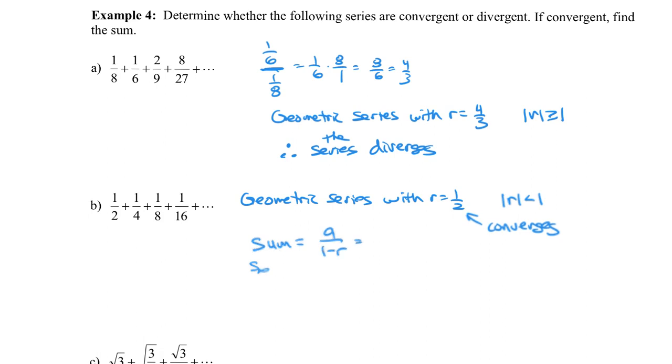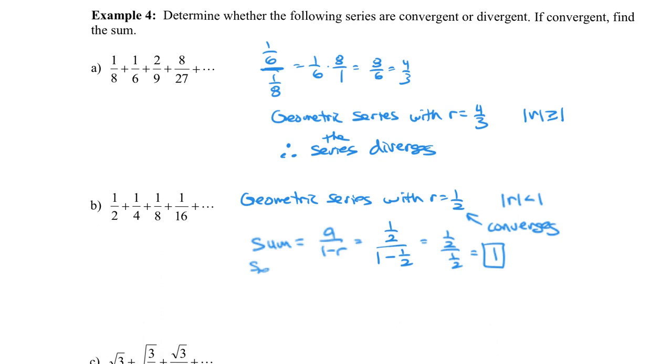Remember, a is the first term in the series, and the first term is 1/2. So 1/2 over 1 minus r. Well, r is also 1/2. You plug this in and do the arithmetic, we get 1/2 over 1/2, which of course is 1. We already knew that it converged to 1 because we did that little example of the 1 by 1 square.